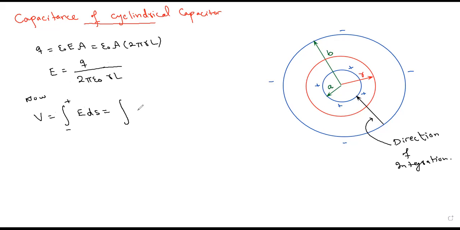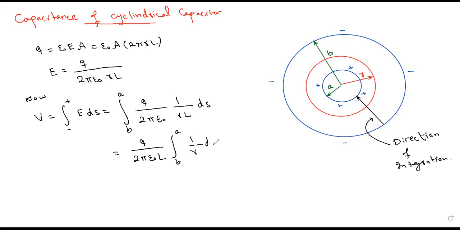We have to integrate the other way around, so here B and A, Q over 2 pi epsilon naught, 1 over R L, and we are integrating along the radial element, so this ds will be replaced by dr. Let's take all the constants out of the integration, integral from B to A of 1 over R dr.